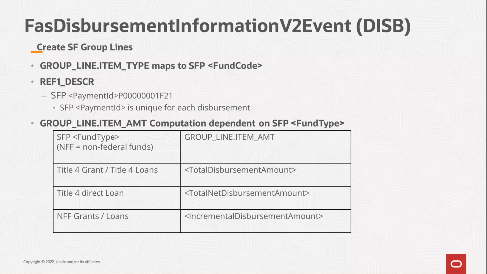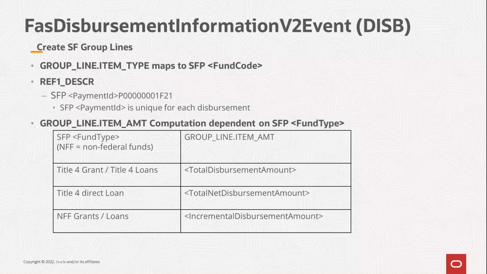During the process, the SFP fund code is matched to the respective item type. SFP's payment ID is mapped to group line Ref1 Desker. And depending on SFP's fund type, the group line item amount is populated.